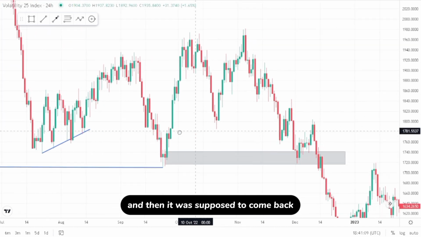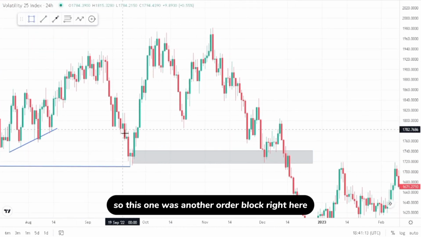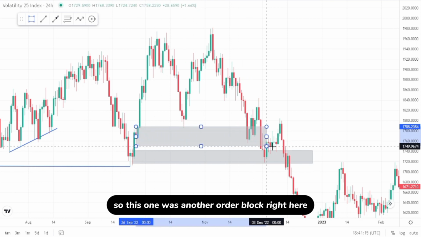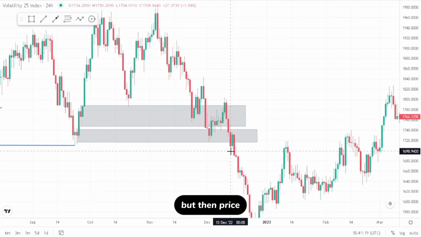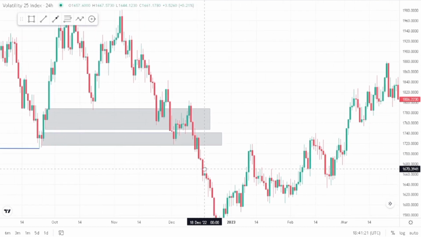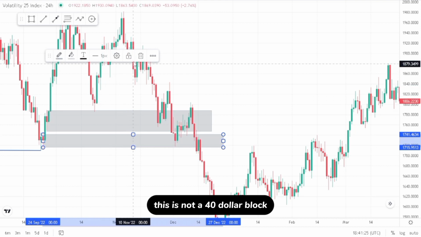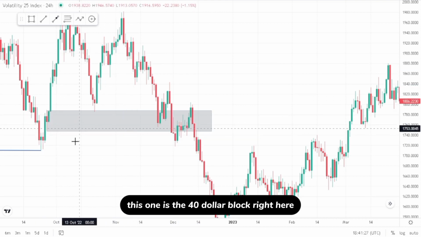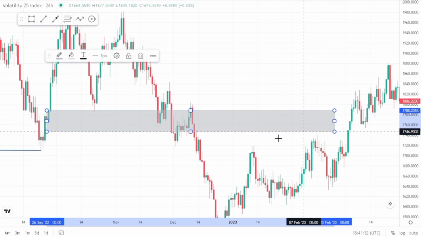And then it was supposed to come back and tap this order block, or this one right here. So this one was another order block right here. But this is not a valid order block. This one is the valid order block right here.